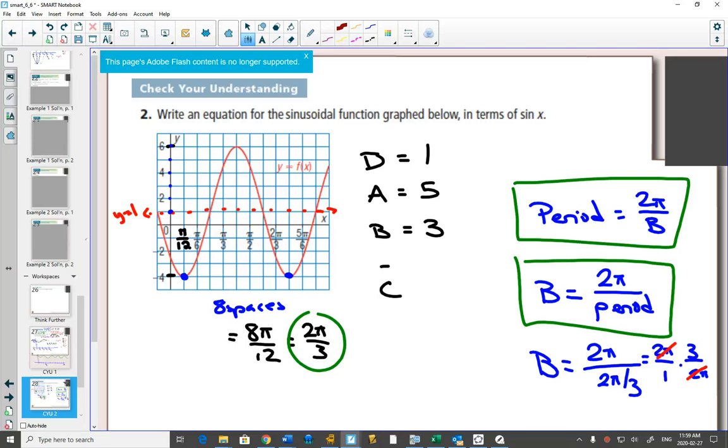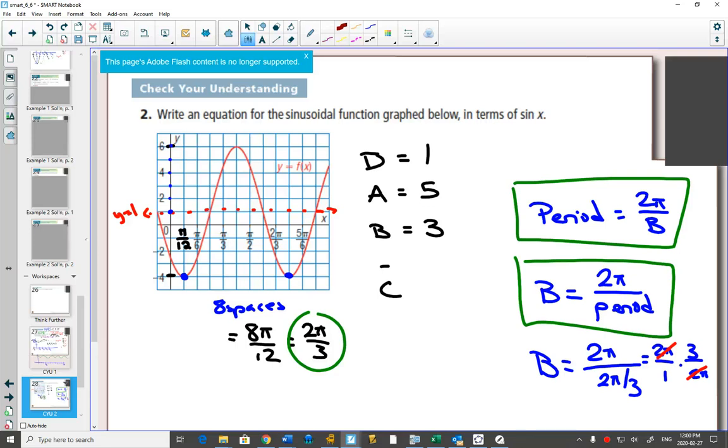What could possibly be my B value? 3. So if you can reduce your period to be 2 pi over something, then you can calculate your B value really quickly, just by observation. That's not always the case, so sometimes you will have to use that second formula, but either way, we can calculate our B value as 3.